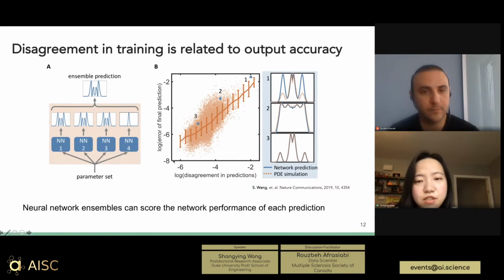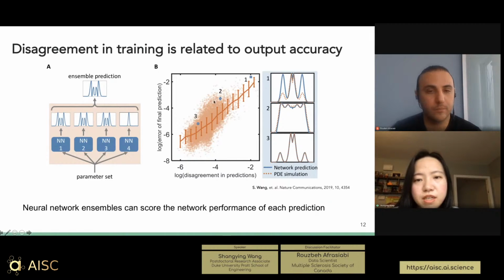We can see these two are actually correlated. When we screen through the whole parameter space, we don't know the ground truth. So even though we don't know the error of final predictions for each prediction, we can estimate that based on our disagreement in prediction, because we can easily get this using the ensemble neural networks. If the disagreement in prediction is high, the errors of final prediction are presumably high.